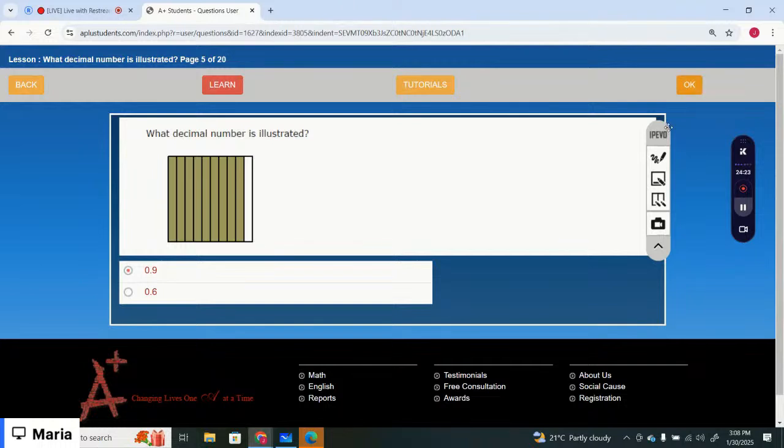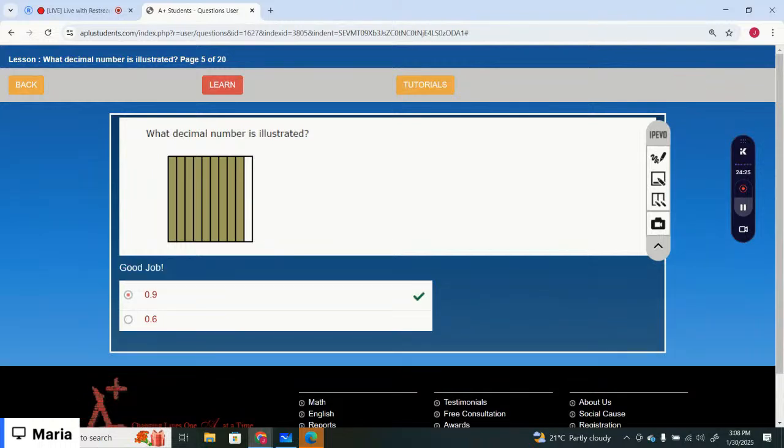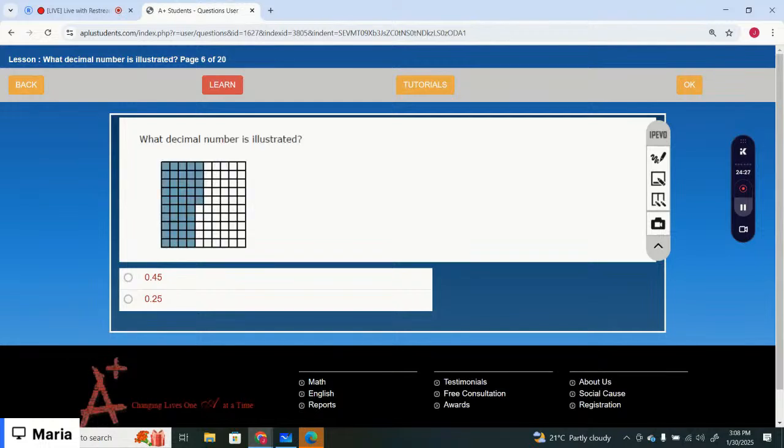Option number 1 is the correct option. What decimal number is illustrated?